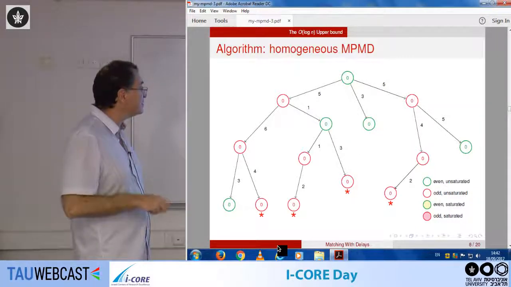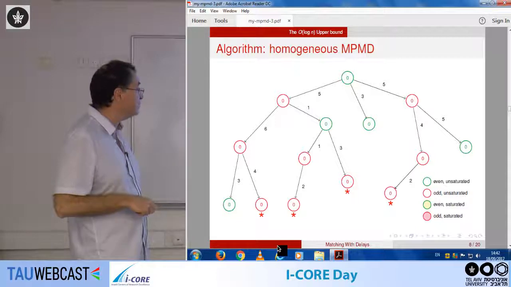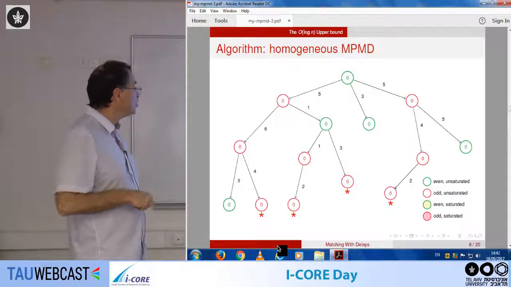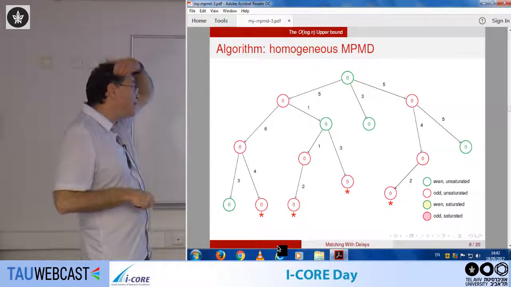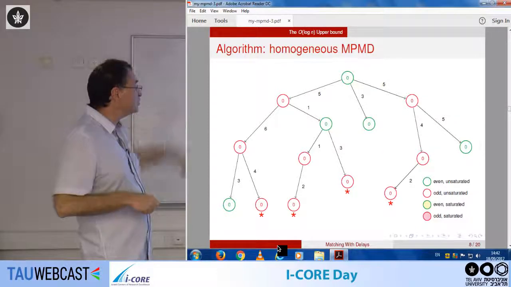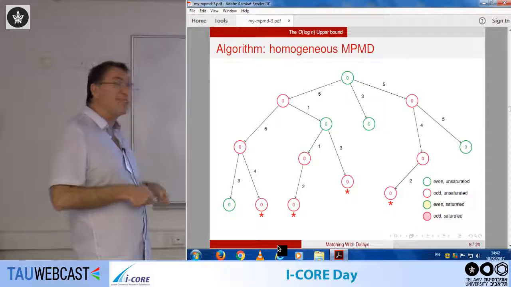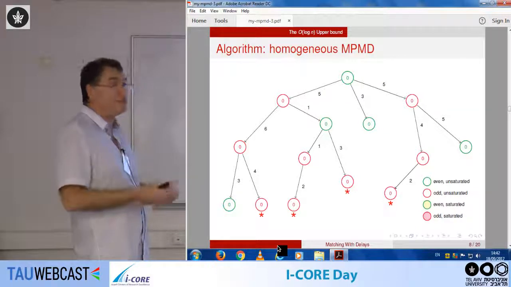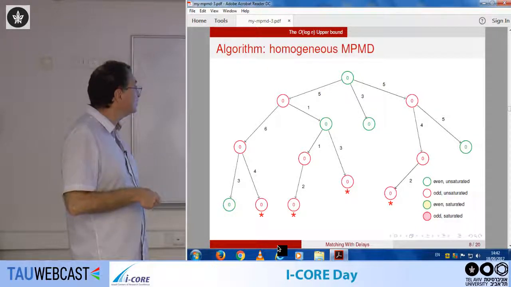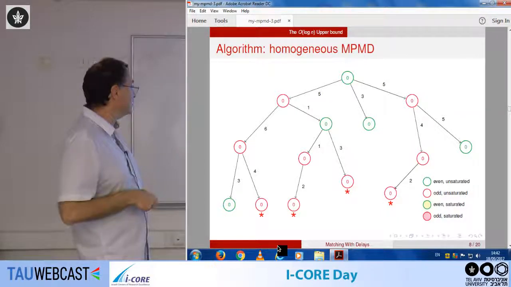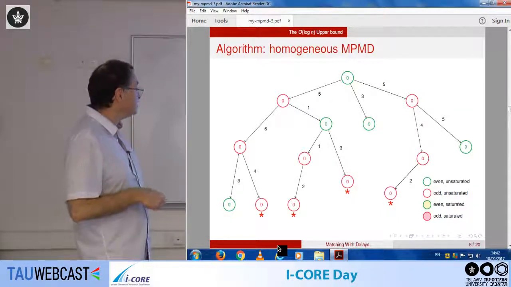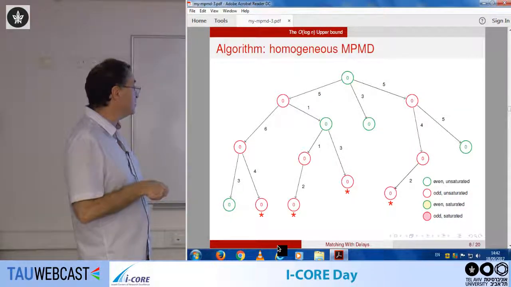Okay, let me explain it. Let's say that at time 0 you got 4 requests. Here, here, here, and here. So now each point in the tree is either odd or even. It's odd if the number of requests in its subtree is odd, and it's even otherwise. So for example, here it's odd because it has 1, and here it's also 1.